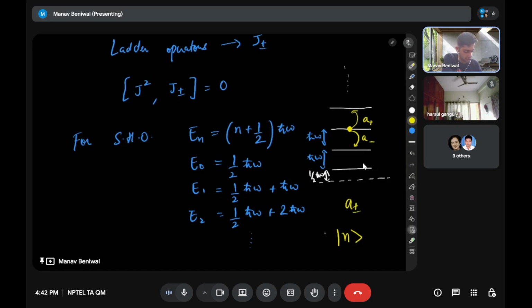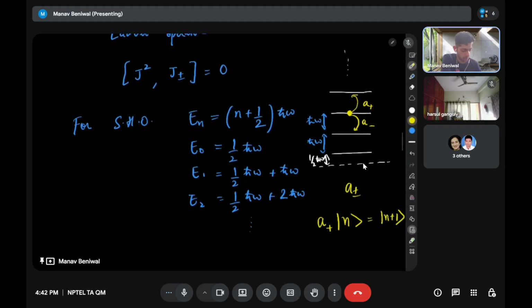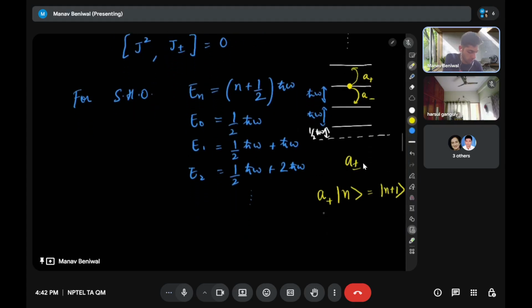If I apply the raising ladder operator, I'll go to the n plus 1 state, and there will be a normalization factor, square root of n plus 1, which I am not writing for timing. But if I operate with a lowering operator on this nth state, I'll come one state below.